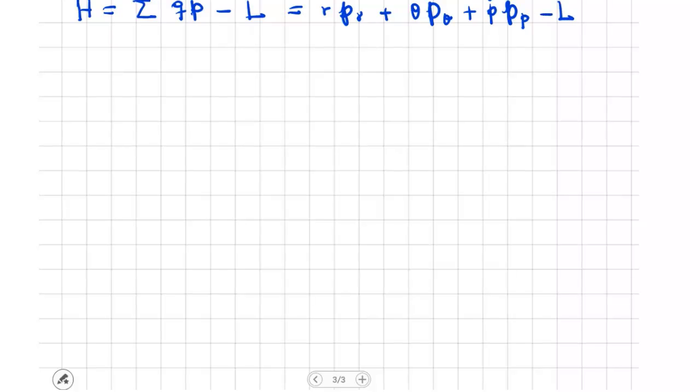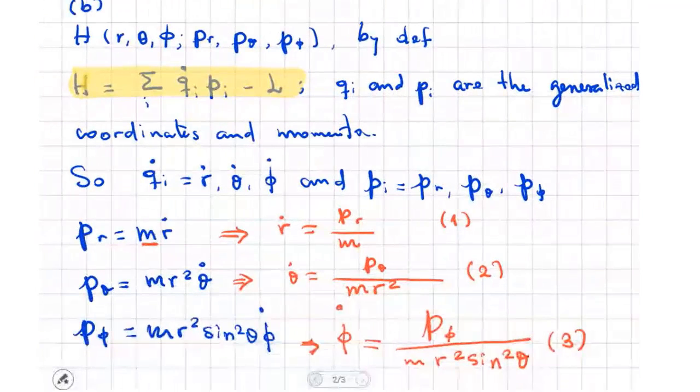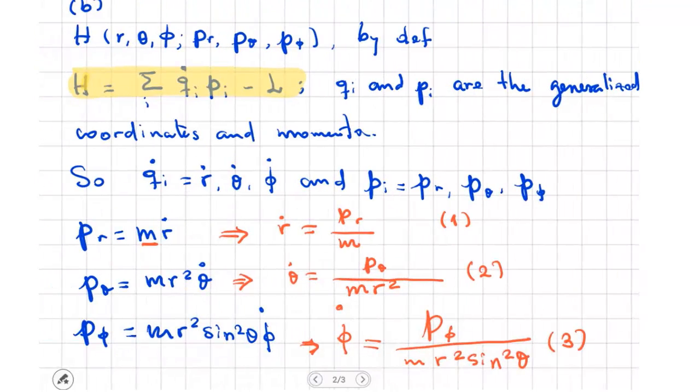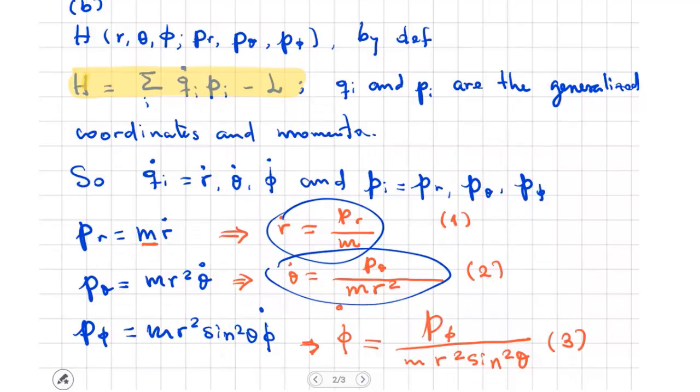That's the formula. We know in advance r dot, theta dot, and phi dot, so we replace these equations into the Hamiltonian. r dot is p_r divided by the mass. The same with p_theta: theta dot is p_theta divided by m r squared.